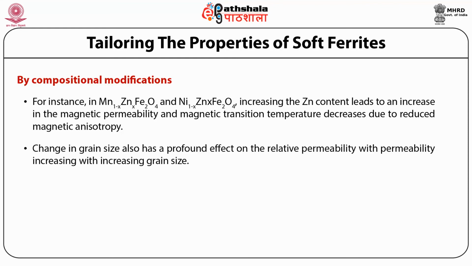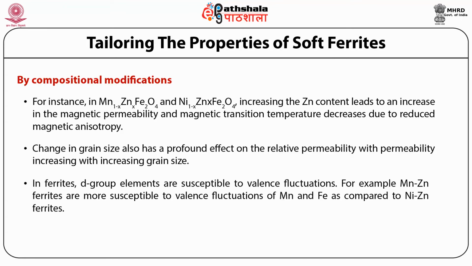The change in grain size also has a profound effect on the relative permeability, with permeability increasing with increasing grain size. In ferrites, d-group elements are susceptible to valence fluctuations, and for example, Mn zinc ferrites are more susceptible to valence fluctuations in Mn and iron as compared to nickel and zinc ferrites.